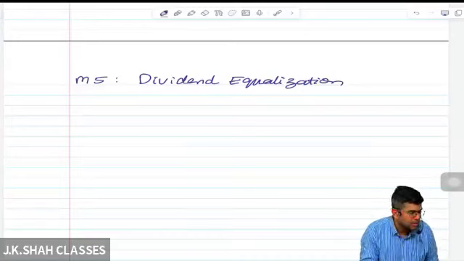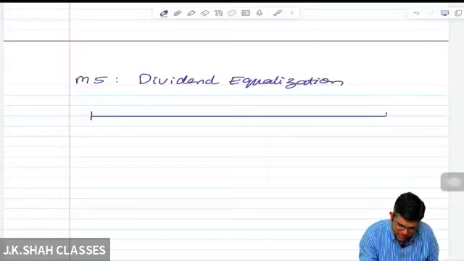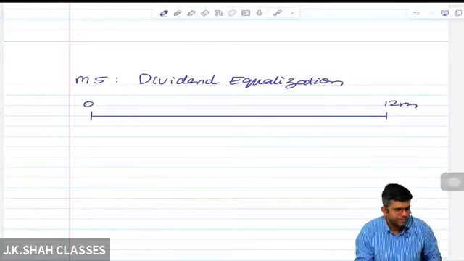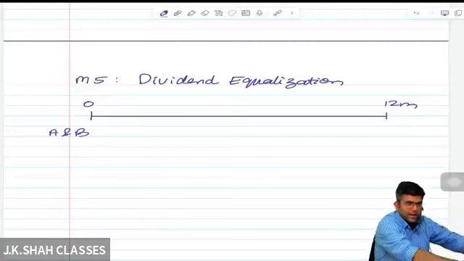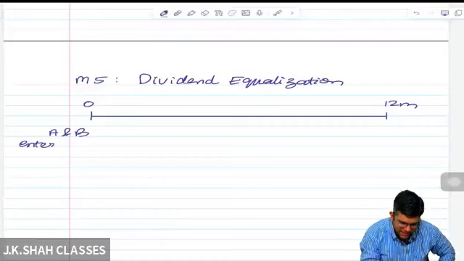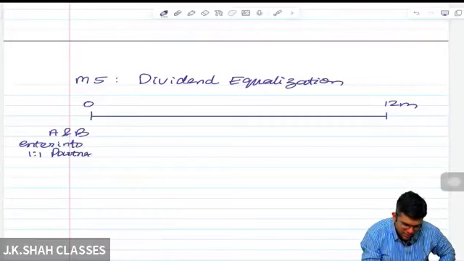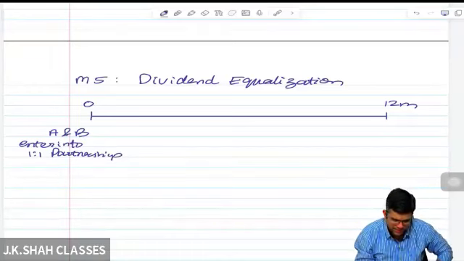Okay. So let's say this is 1 year, 0 to 12 months. Now A and B enter into a 1:1 ratio partnership.